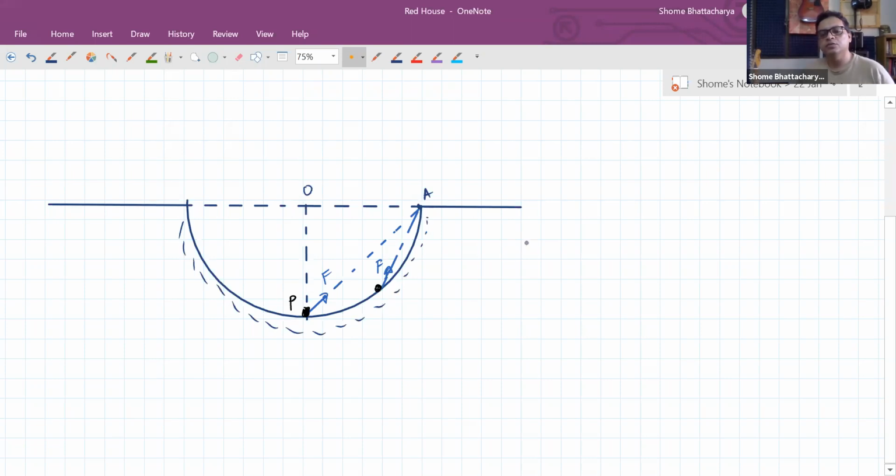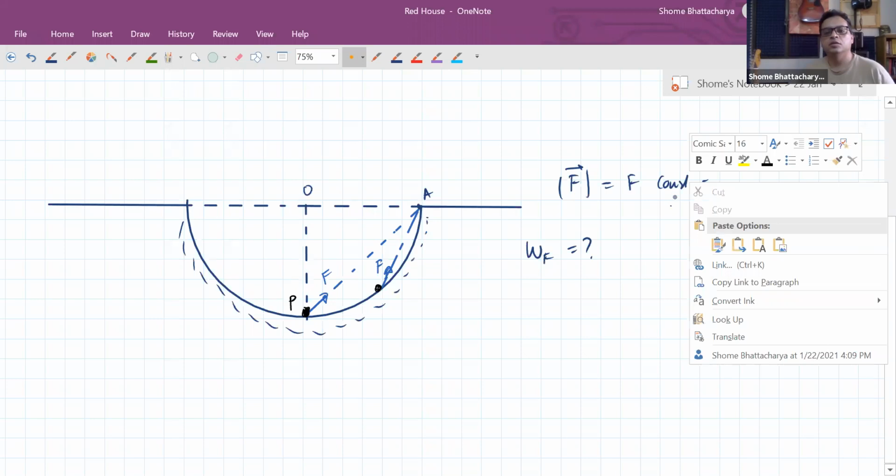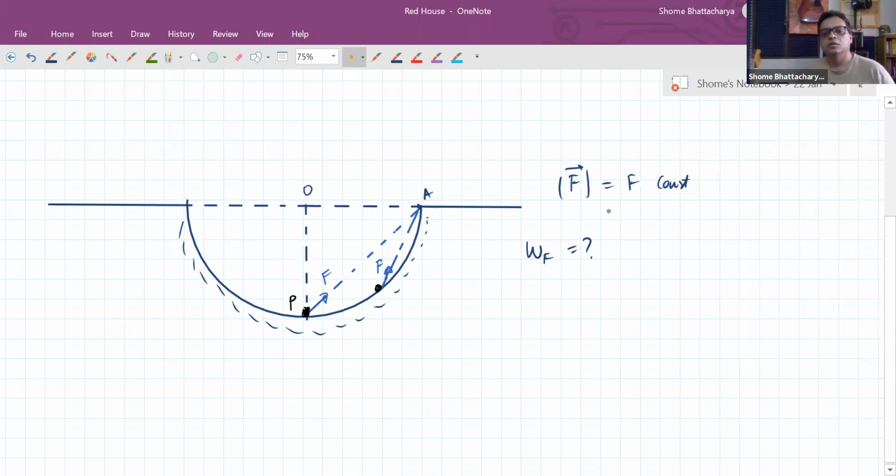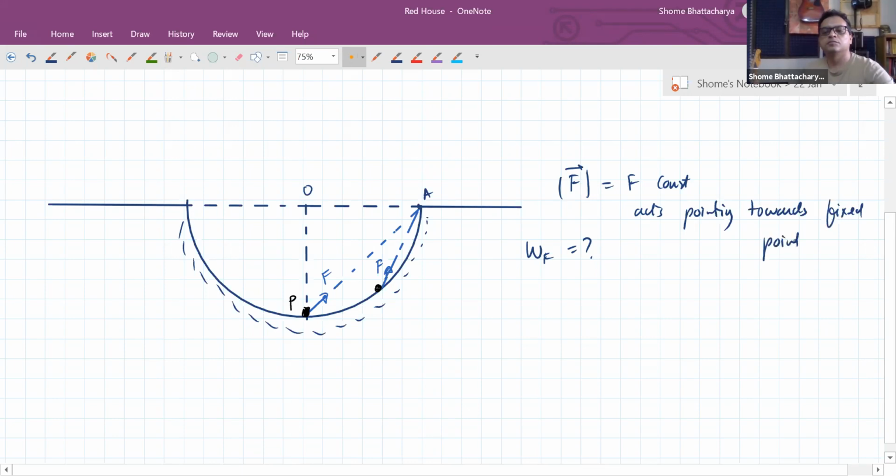So we want to calculate the work done by this force, where F has a constant magnitude, but acts pointing towards the fixed point A over here. Okay, so this was the example.